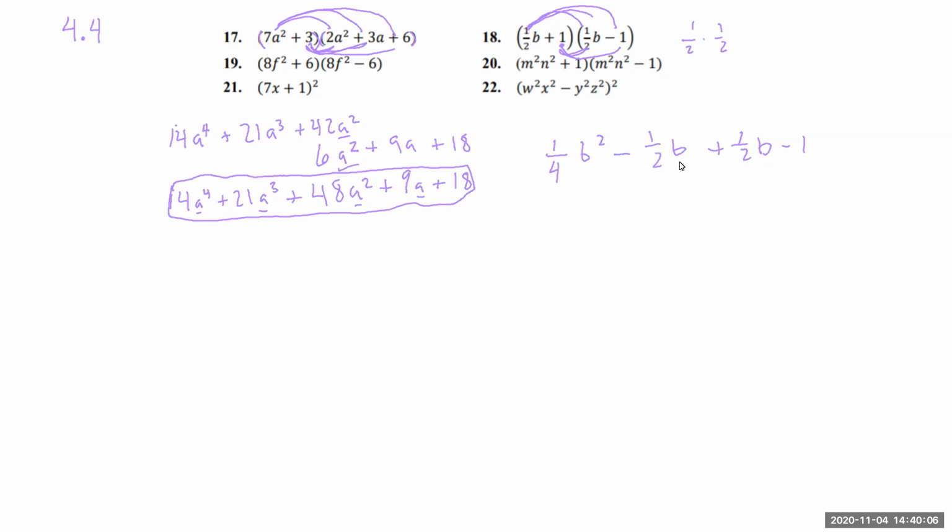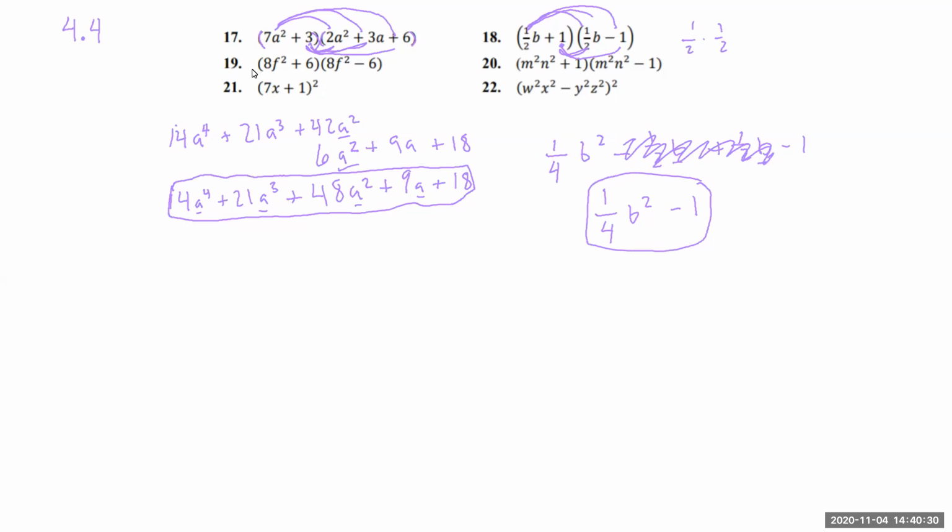Where we have like terms is the b's. When we do 1/2 minus 1/2, it's just going to give us 0. What we have left over is 1/4 b squared minus 1. And that is the answer for number 18.